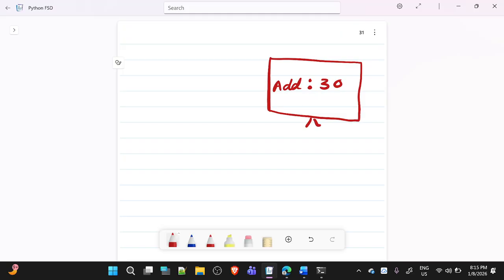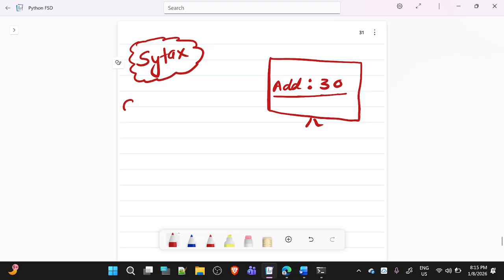So I will write one program in Python. I will follow certain procedures and rules, that is, I will follow a certain syntax. Programming provides us a syntax to write the program. If you want to get this output, how will you write the program?